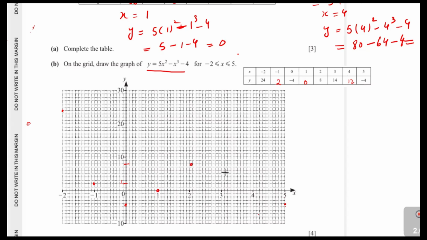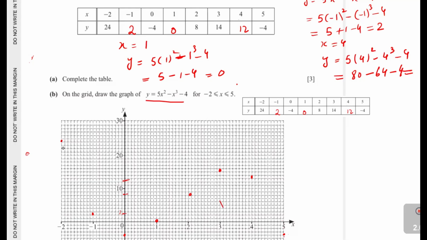Next is 3, 14. This is 3, 14. Next is 4, 12. We will draw a vertical line from 4 and the horizontal line from 12. Both lines meet. That position would be 4, 12. Last is 5, minus 4. Look here, this is 5 on x-axis and this is minus 4 on y-axis. This is 5, minus 4. Now we will join these points.